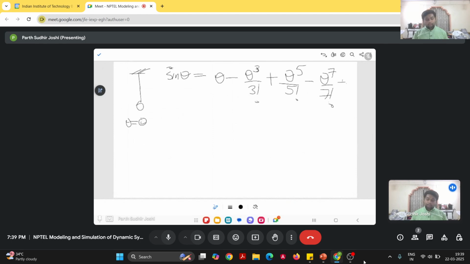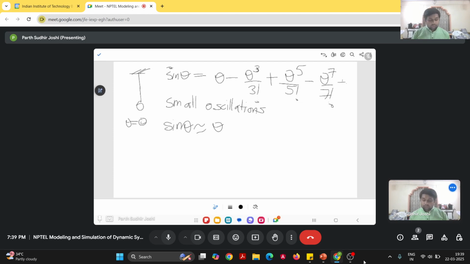So for small oscillations we assume sine theta is nearly equal to theta. So therefore we neglect the higher order terms, theta cube, theta to the power 5, theta to the power 7, and so on.